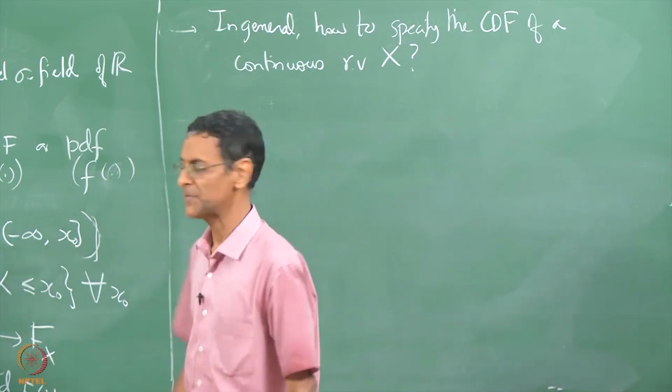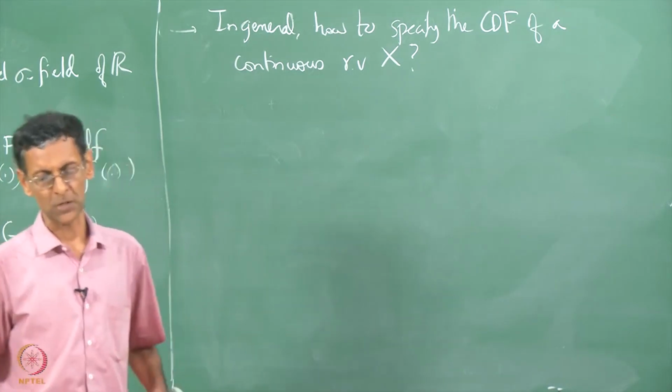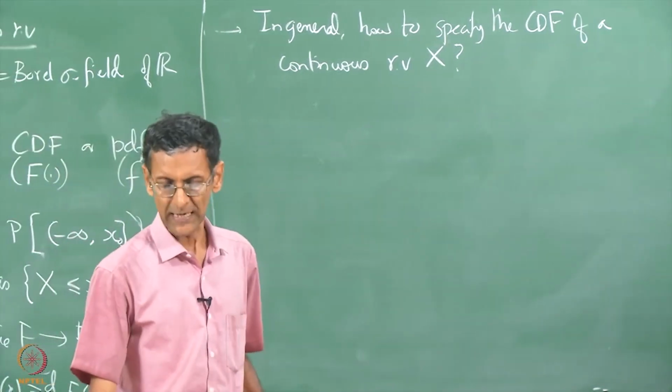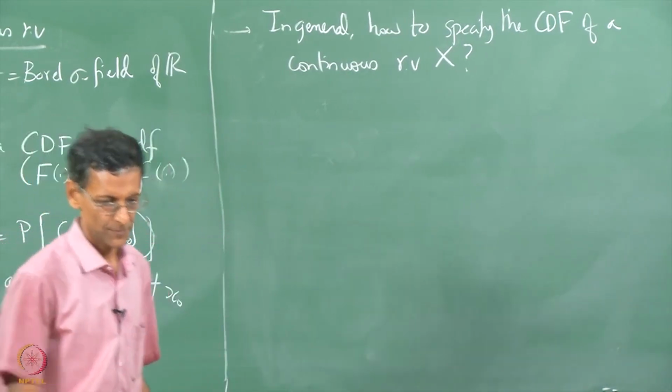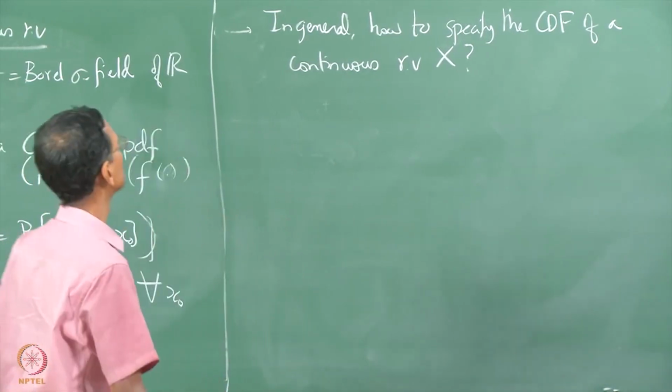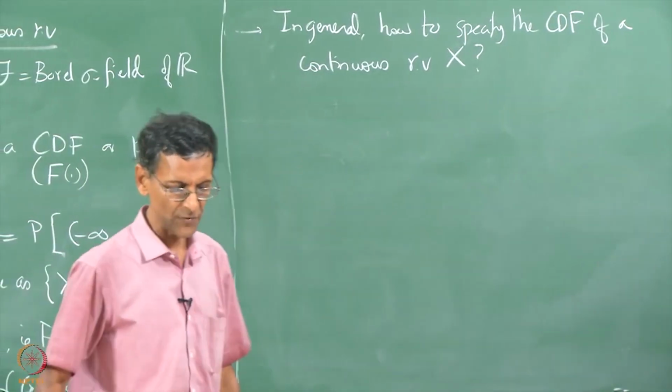Notice that I am saying CDF, because as I said, conceptually the CDF is more important than the PDF, although computationally it is the reverse. The PDF is more important than the CDF. So, how do you define in the general case the CDF of a continuous random variable?